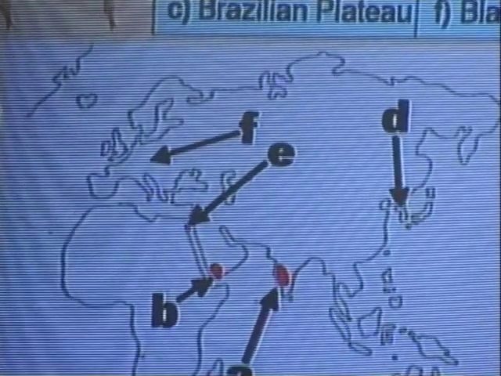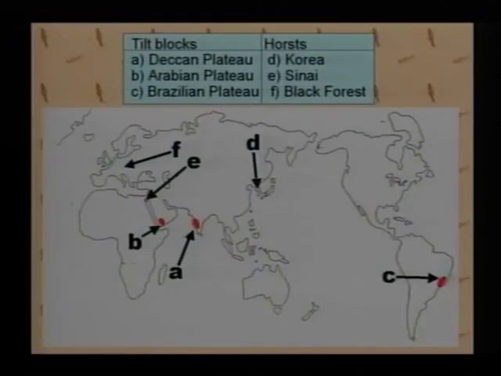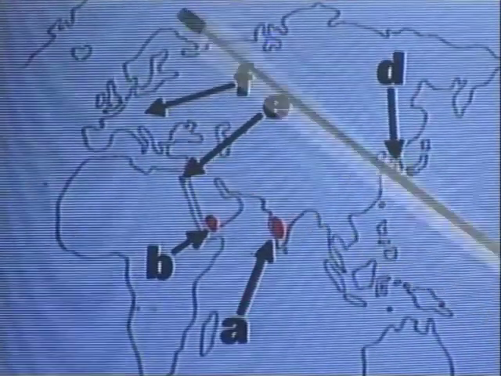On the right side of the Rhine Rift sits the Black Forest horst, and on the left side is another horst, in the country France. That's where we have the Vosges horst. But this is in the other country. We're looking at the Black Forest horst. It is in Germany.